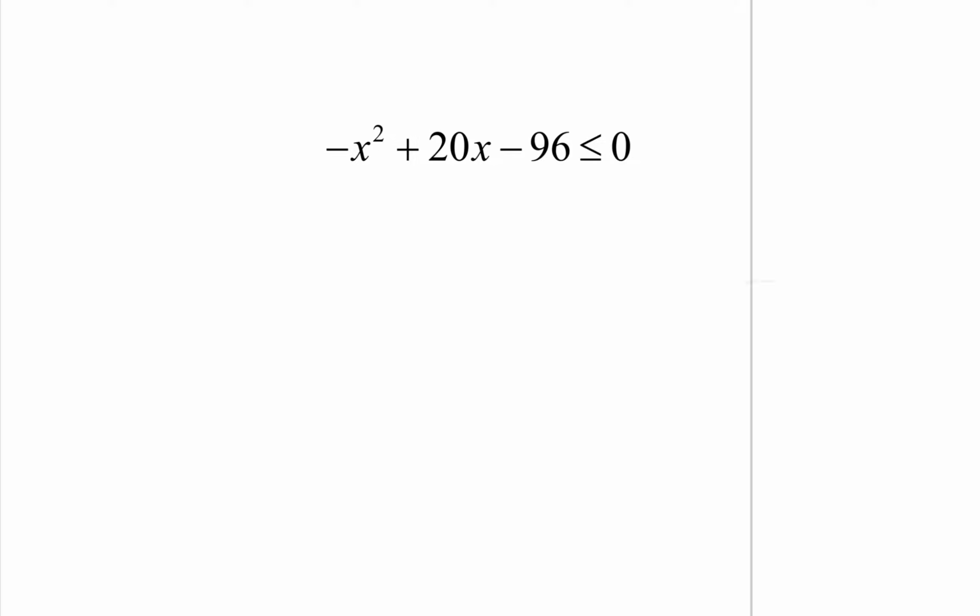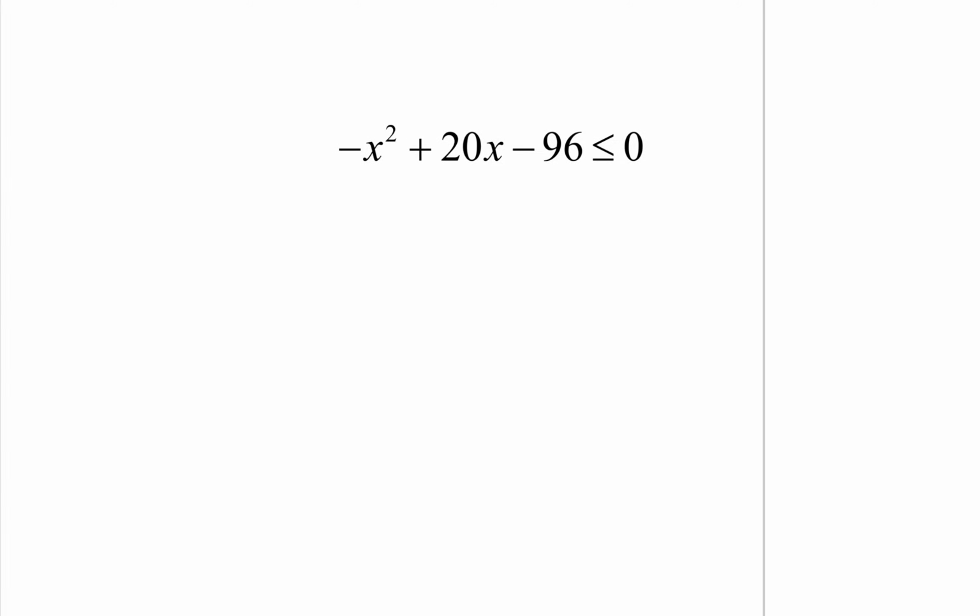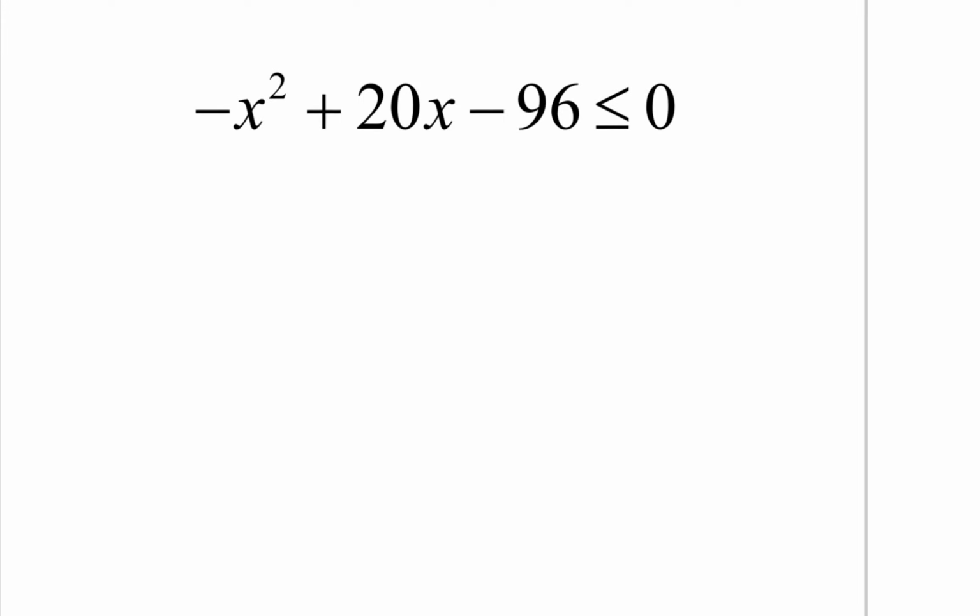Okay, so the last one over here, I factor the same way. Except this time, if you have a negative in the front, I would just switch all the signs. Okay, so I have x squared minus 20x plus 96.